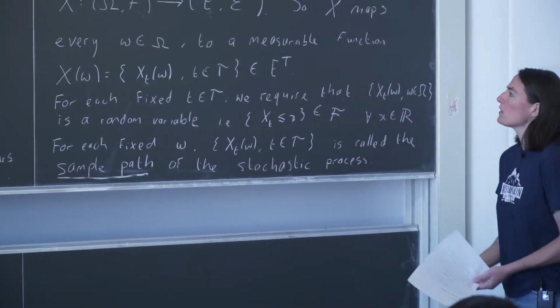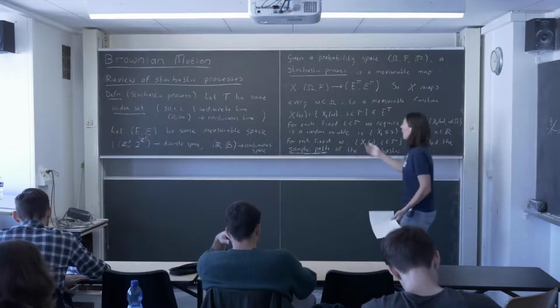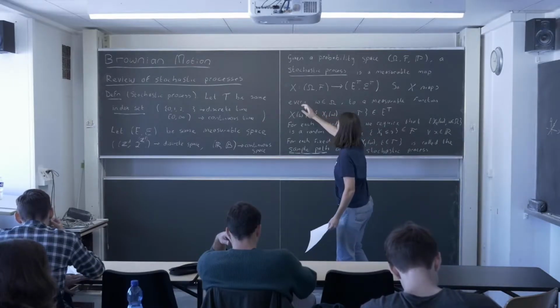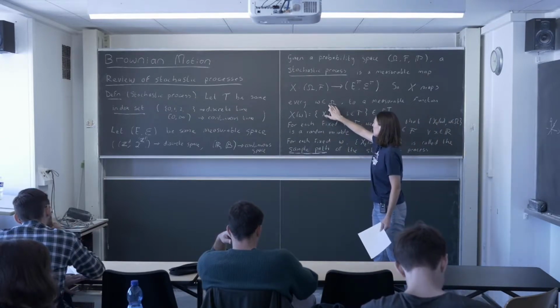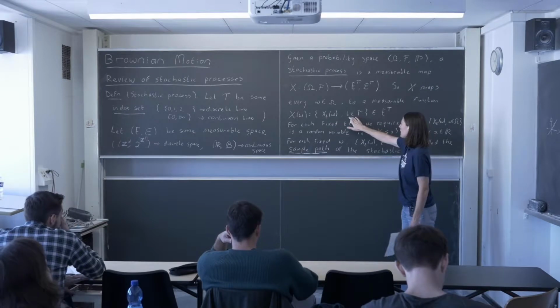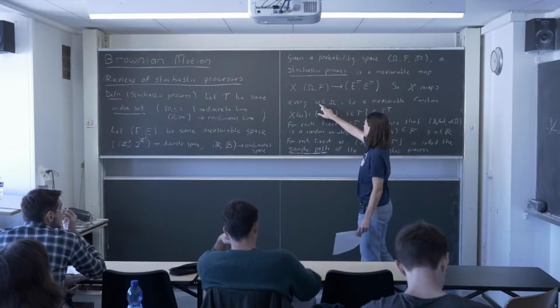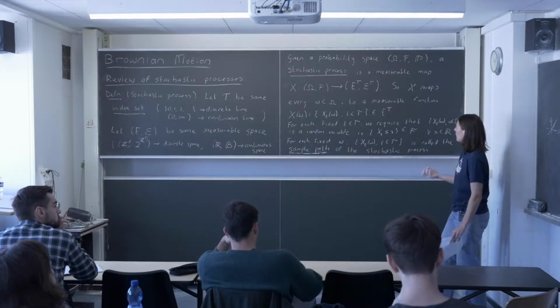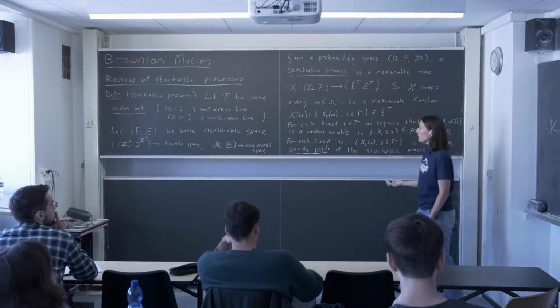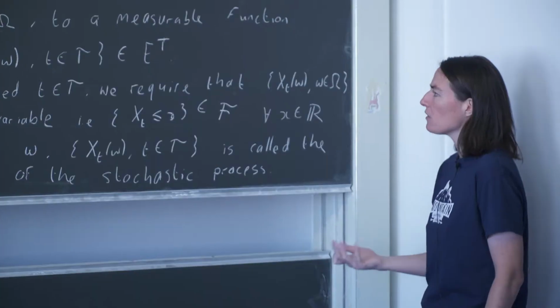Okay, so essentially, a stochastic process is something that depends on both the element in the probability space and the index set. For each omega and for each time, there's associated a value in E, which you can think of as a real value or an integer value.